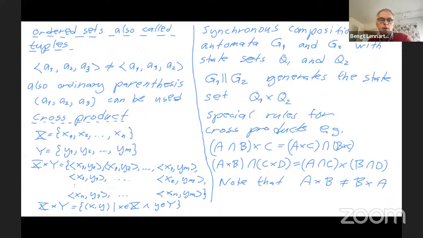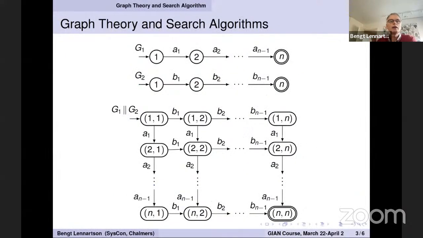All right. Yeah. Great. Final slide. I should also mention some elements of graph theory and search algorithm. First, we can say that automata, they are really graphs. Sometimes it's even so that the automaton is more of a tuple of mathematical sets, expressions.